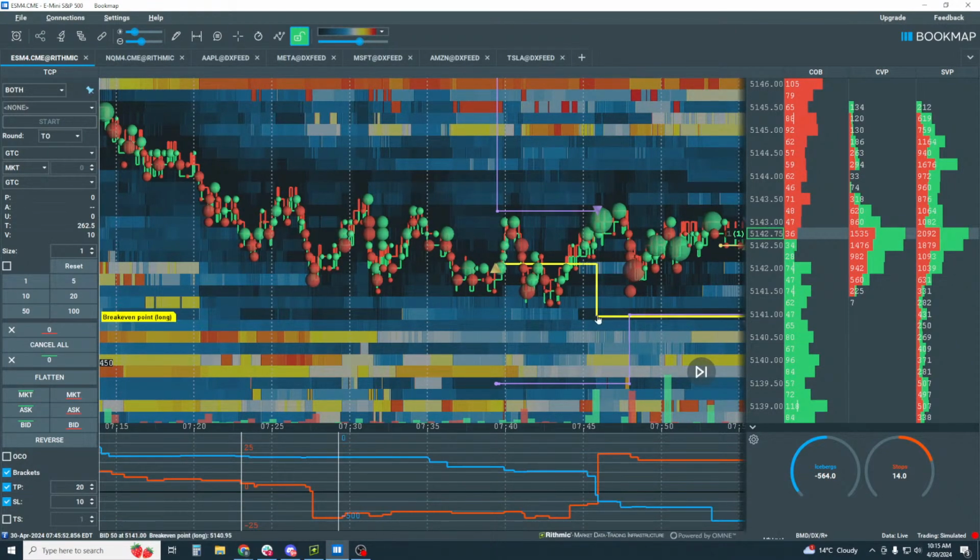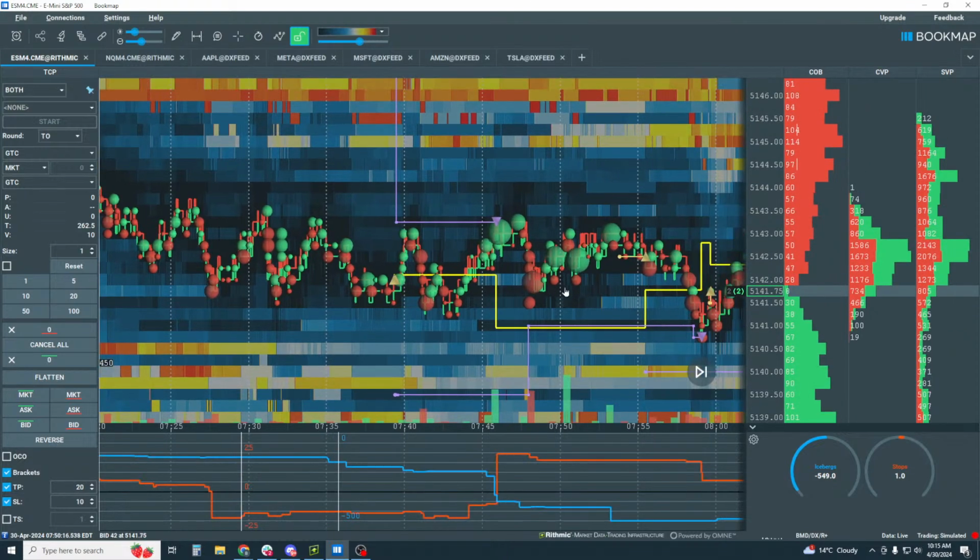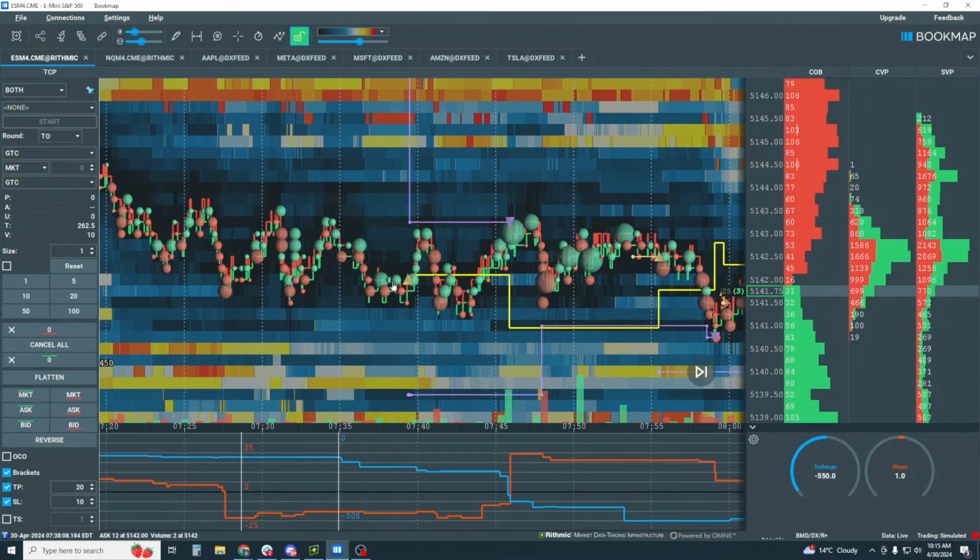Okay, my break even had gone down here, and then actually I had all the criteria here still looking pretty good. Buyers here, sellers bring it down, but buyers back in here. I got back in again. All right, so now I went from 2 to 1 position because I exited.